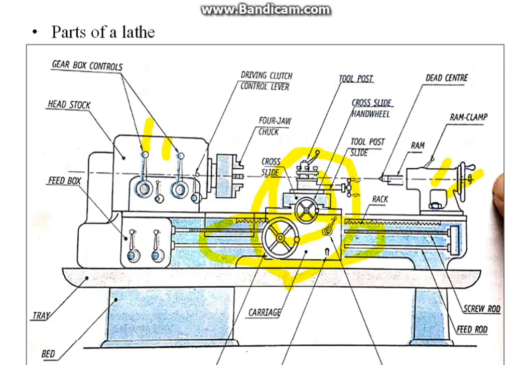At the top of the bed, two sets of guideways are provided, outer guideways and inner guideways. In this figure, you can't see the outer guideways and inner guideways. Outer guideways provide sliding surfaces for the carriage, whereas inner guideways provide sliding surfaces for the tailstock.